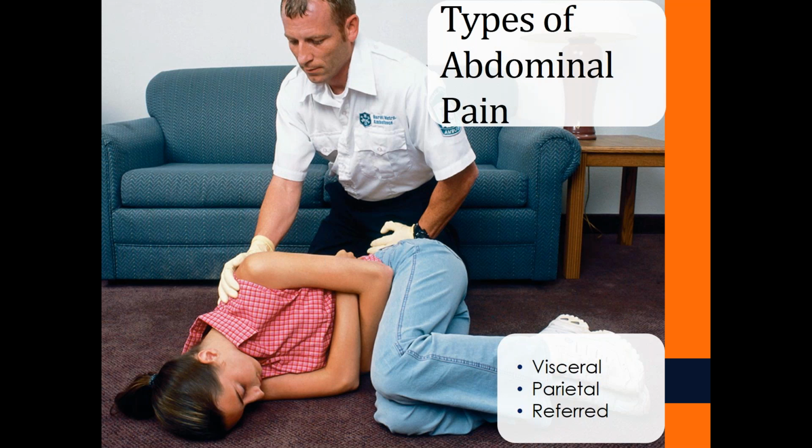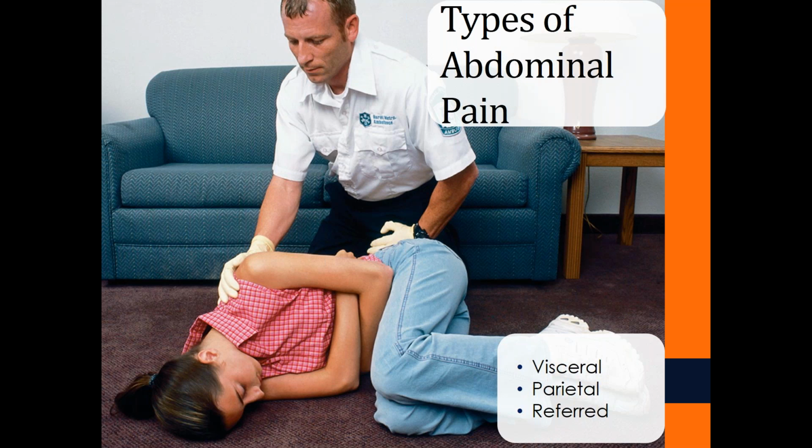So depending on what organ is involved, abdominal pain is generally classified as visceral or parietal. Visceral pain means the organ itself is generally what's involved. It's generally less severe, poorly localized, sort of a dull, achy kind of pain when we talk visceral pain.